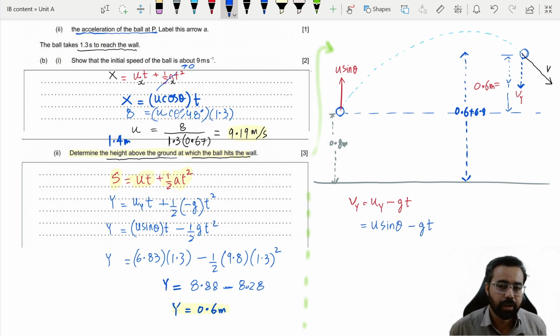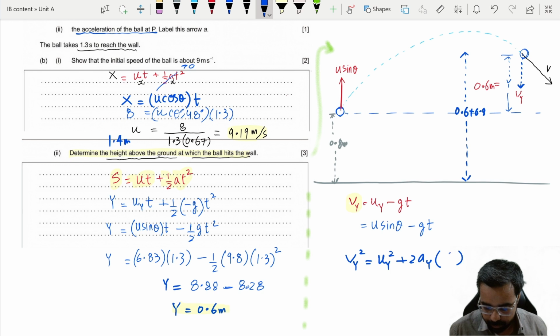Time and initial velocity, we have everything already. So you can find Vy first, and then you can apply the equation Vy squared equals uy squared plus 2 a y, where y is the distance covered. So then you can apply this equation. So you see, it's a longer method. It's a two-step method.